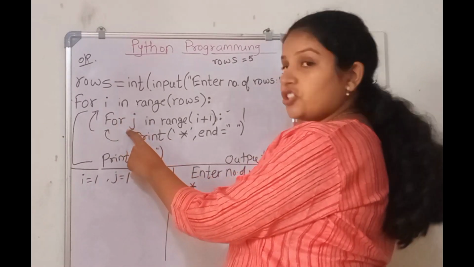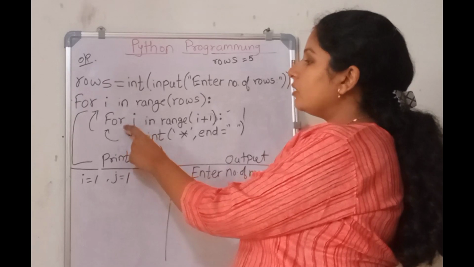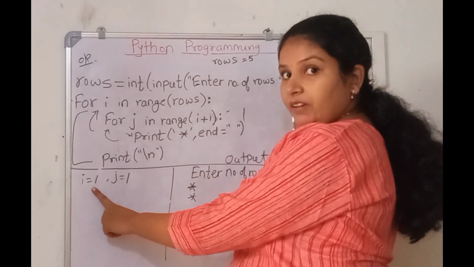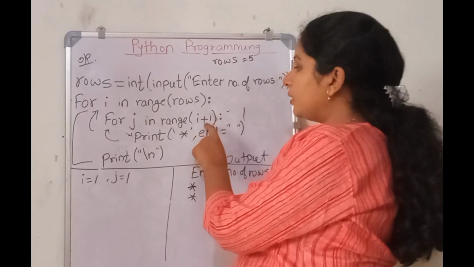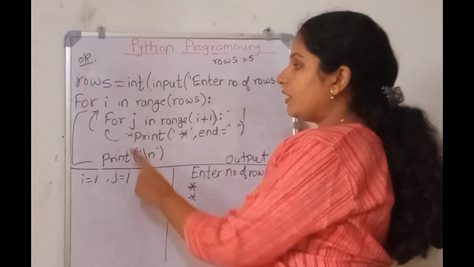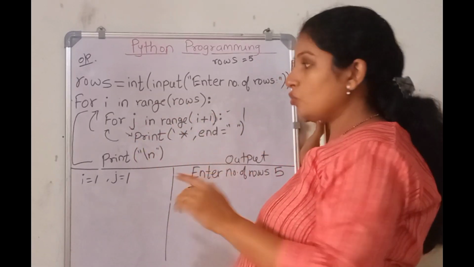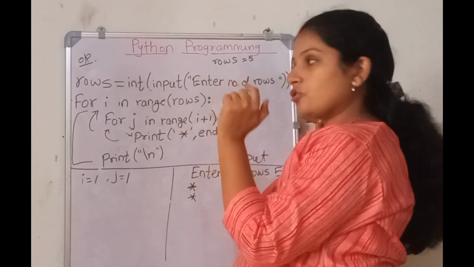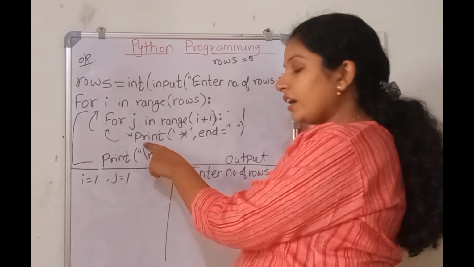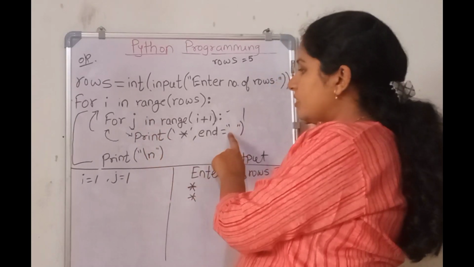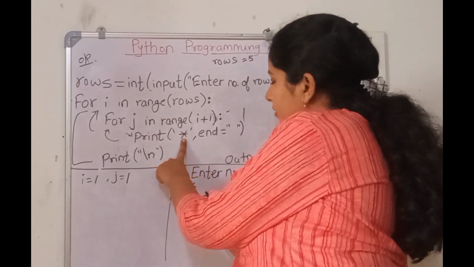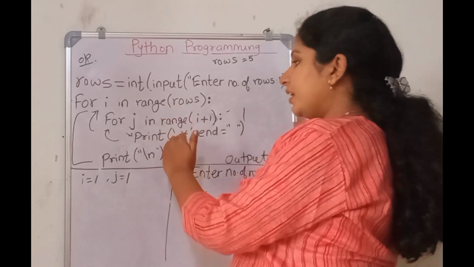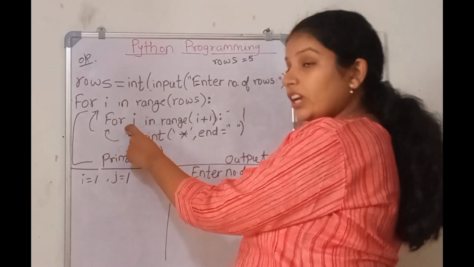Going to the jth loop. Now here j value is 1 in range i plus 1. I value was 1. 1 plus 1, 2. J value is 1. Is 1 less than 2? Yes. This value is less than this value. Condition is true. You are going inside and then after space again you are printing the second asterisk. Right? Then again go to the jth loop.